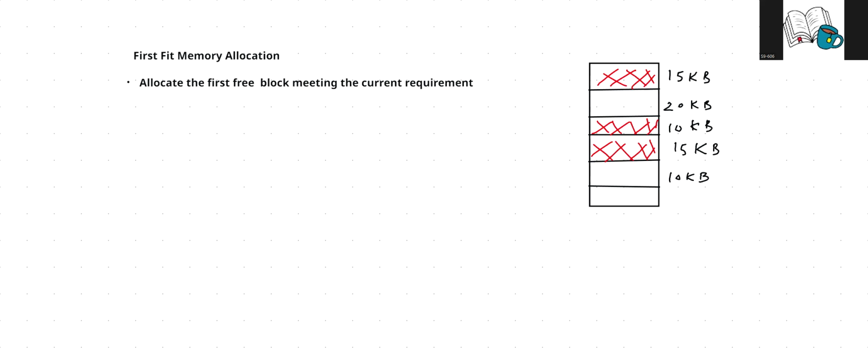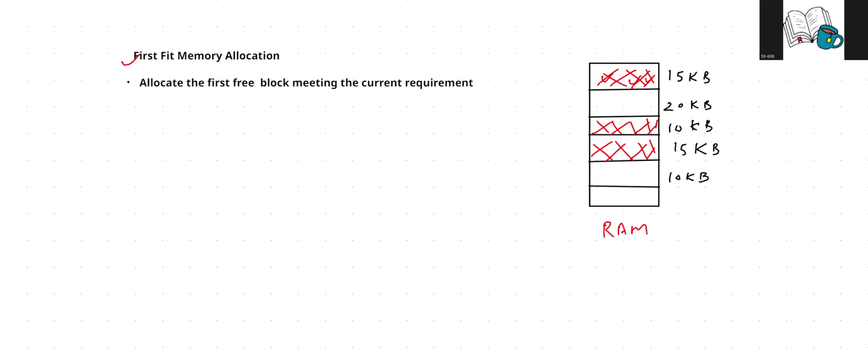Moving forward, now let's see how first fit memory allocation is utilized. In first fit memory allocation, let's assume that this is the RAM given to us. Let's assume all these blocks which are highlighted in red cannot be used for memory allocation because they are already utilized by some other processes.